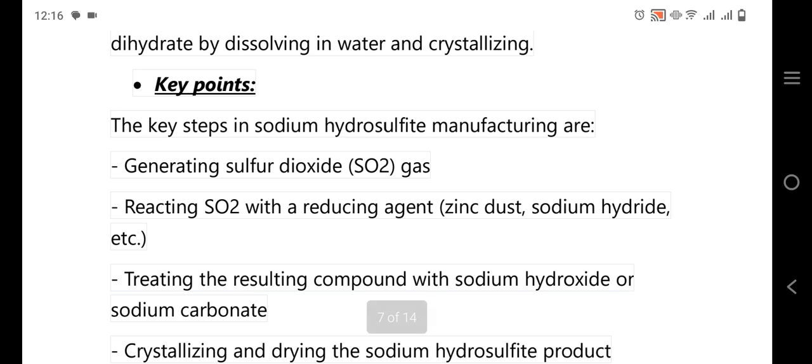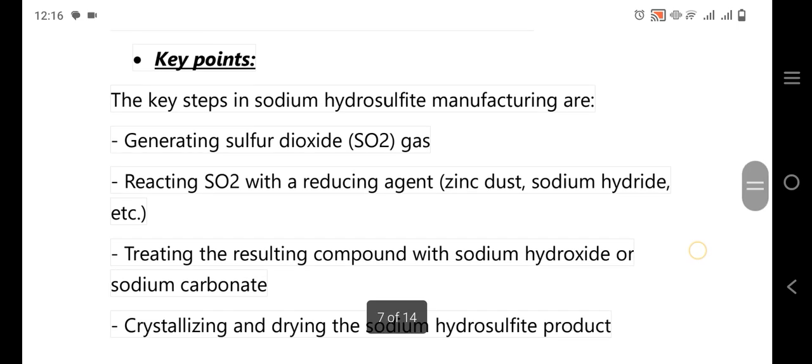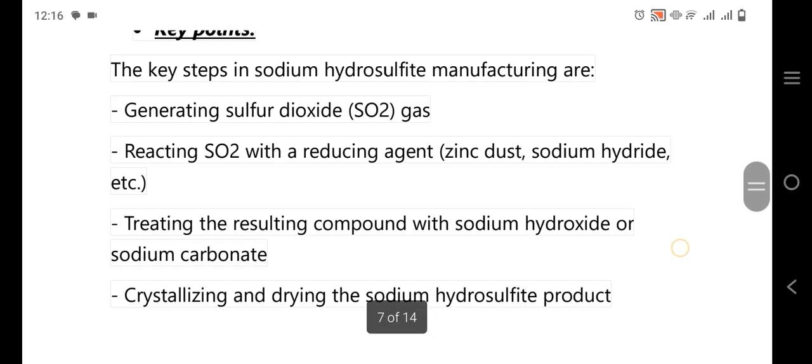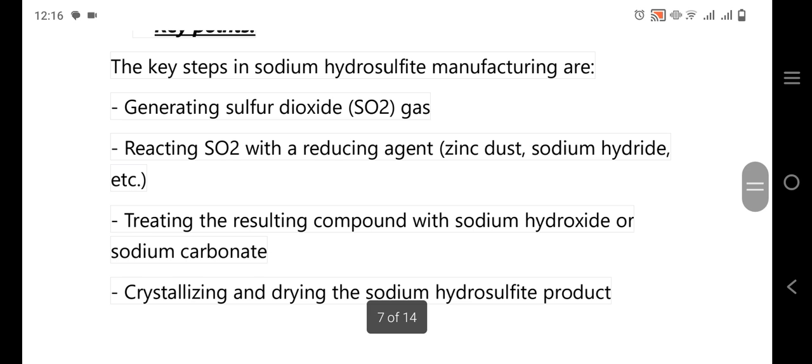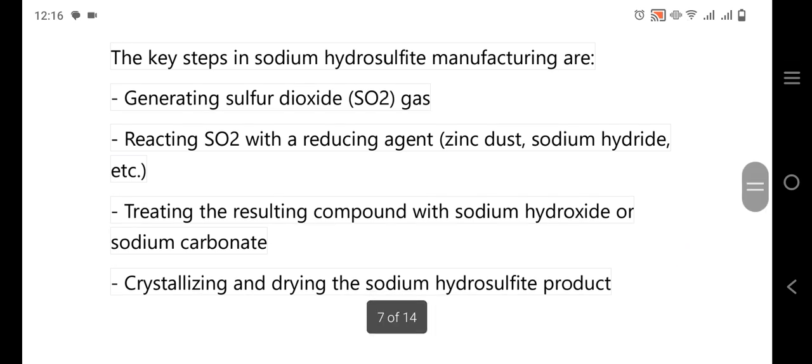Here I have written some key points to understand the manufacturing of sodium hydrosulfide clearly and easily. First of all, we have to generate sulfur dioxide gas, then react sulfur dioxide gas with a reducing agent.